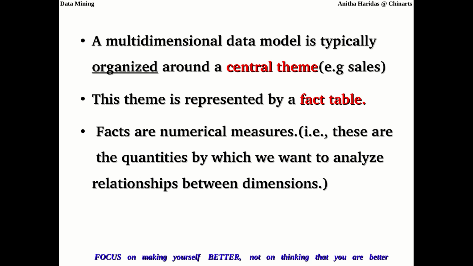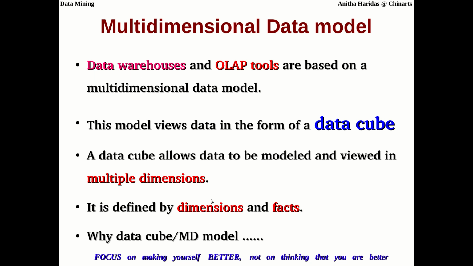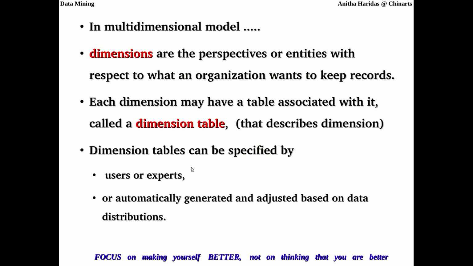So your multidimensional data model is organized around a central theme, and this theme will be represented by the fact table. So understand here, your multidimensional data model will be based on dimensions and facts. It is generally defined by dimensions and facts, and these dimensions will be stored in the dimension table.